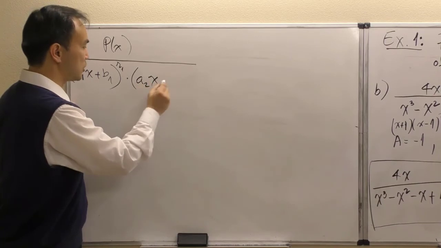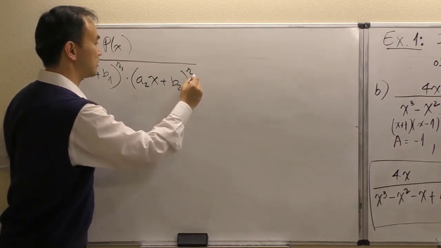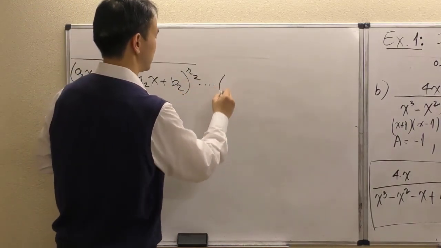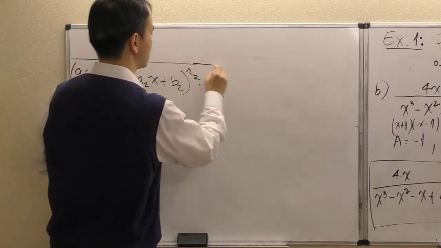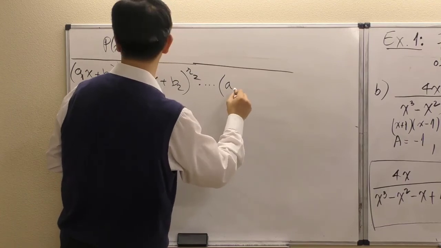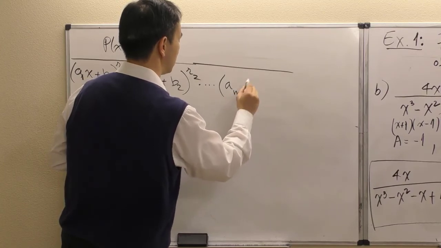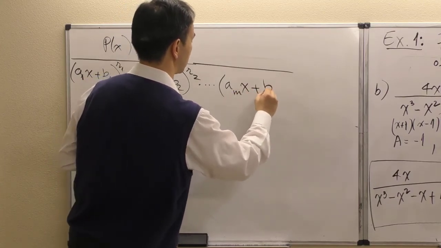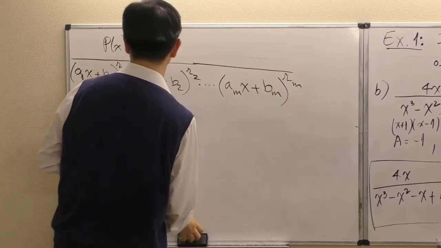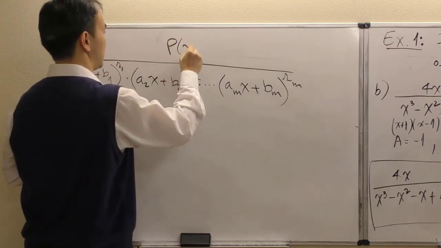So a2x plus b2 to some repeated power r2, and in products, and so on and so on, up to maybe m distinct linear factors, the last one to the power rm. And the numerator can be just whatever polynomial.